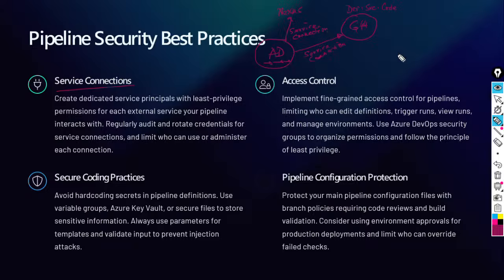Like you have Terraform, which is external to Azure DevOps. You will have a service connection to Terraform. And as long as the service connection is working, you can easily integrate Terraform and Terraform services onto this pipeline. Is that clear?